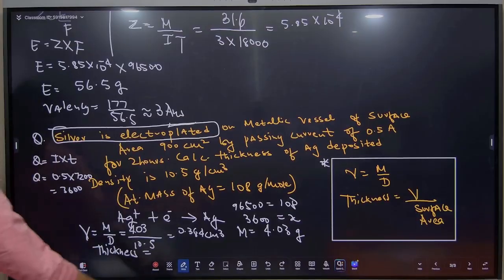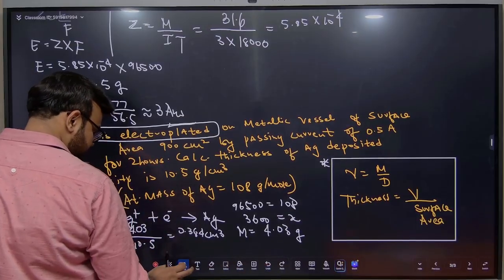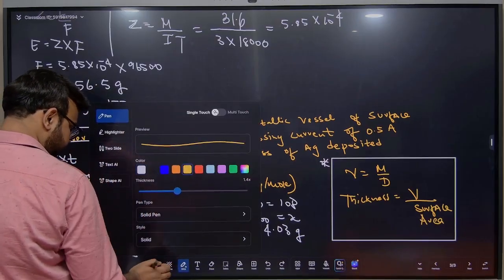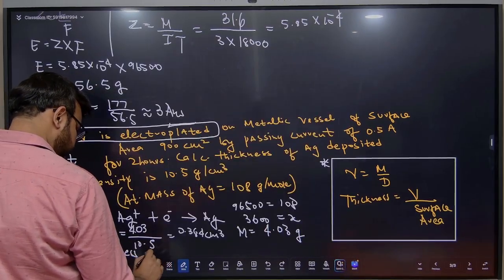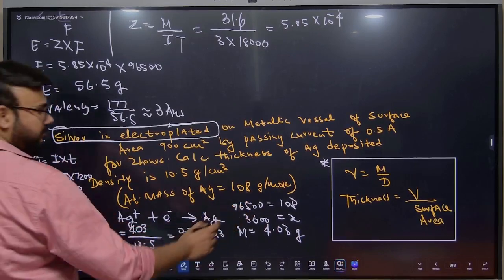So thickness will be calculated as volume by surface area.